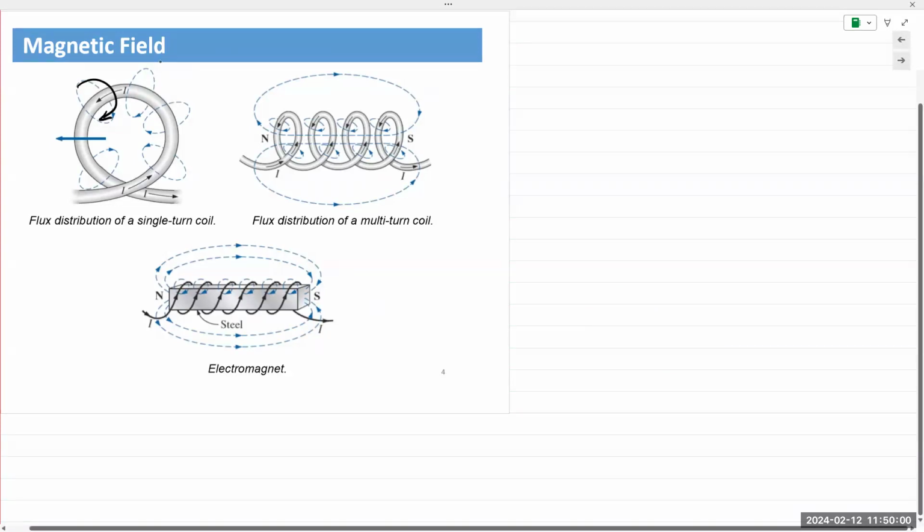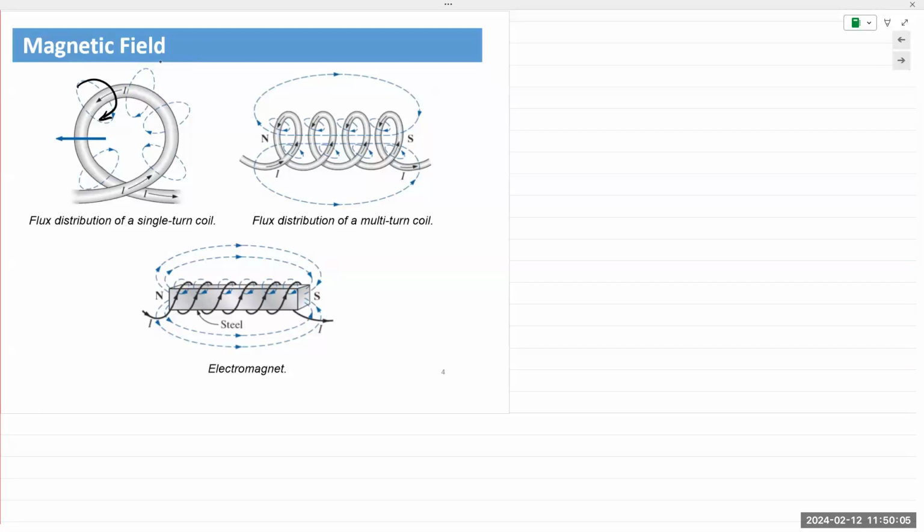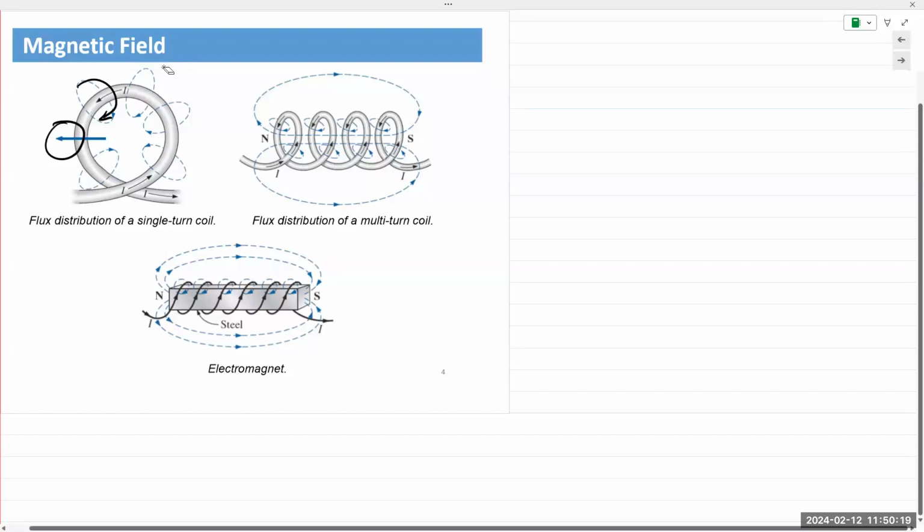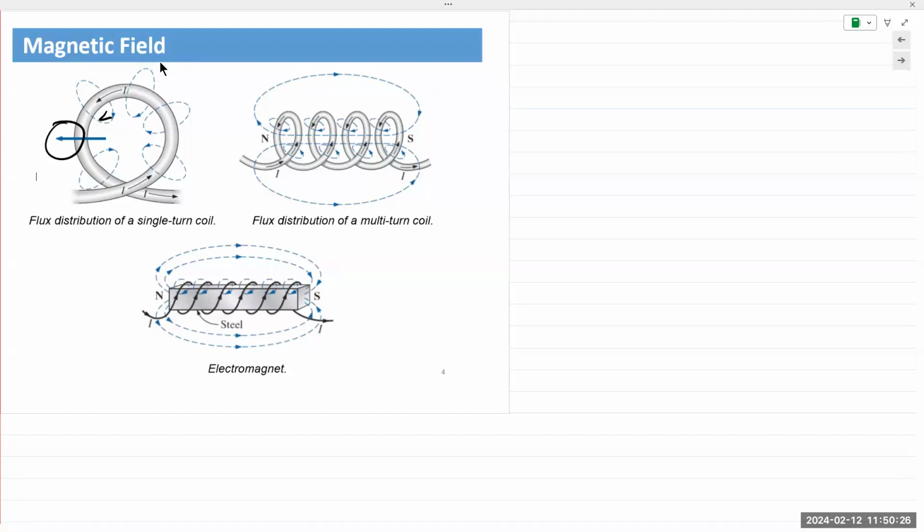Remember, you have a current-carrying conductor this way, your magnetic flux lines are going in this direction, and you wind it up in a loop, all of them are going inward, or you can say outward, depending on your perspective. But they all point in the same direction, which is noted right here. If you look from the other side, you can say they're all pointed outward. They come into that loop and go outward in that same direction. Again, the field is weak.